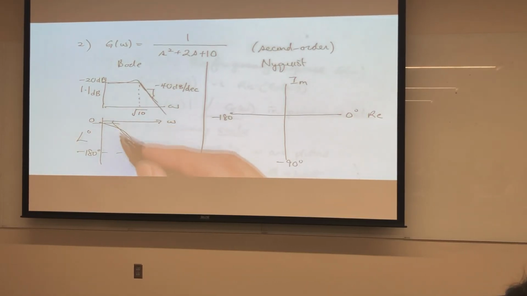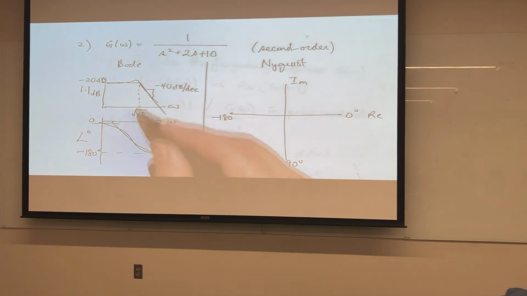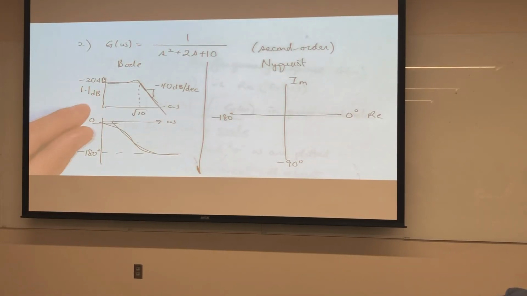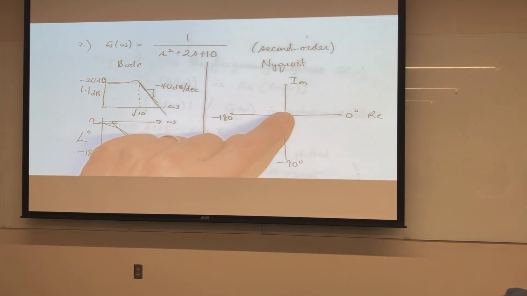So what we could do is we could take this information, magnitude and phase, and just take point by point, start off at low frequency, pick a magnitude and phase pair, and plot it over here as magnitude and phase in the polar coordinates.